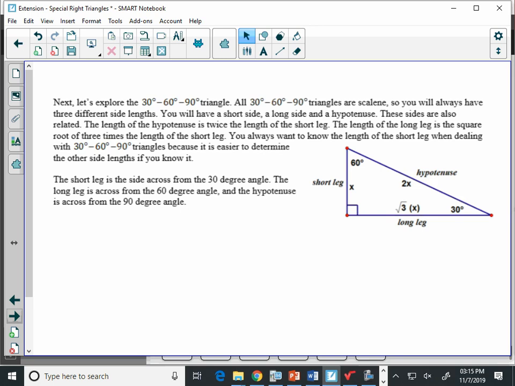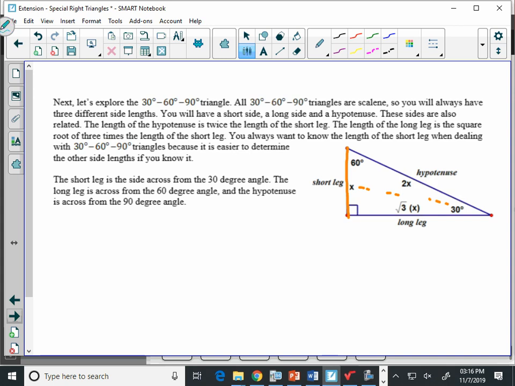You always want to know the length of the short leg when dealing with 30, 60, 90 right triangles because it's easier to determine the other lengths if you know it. Something to keep in mind: the short leg is always the side across from the 30-degree angle.